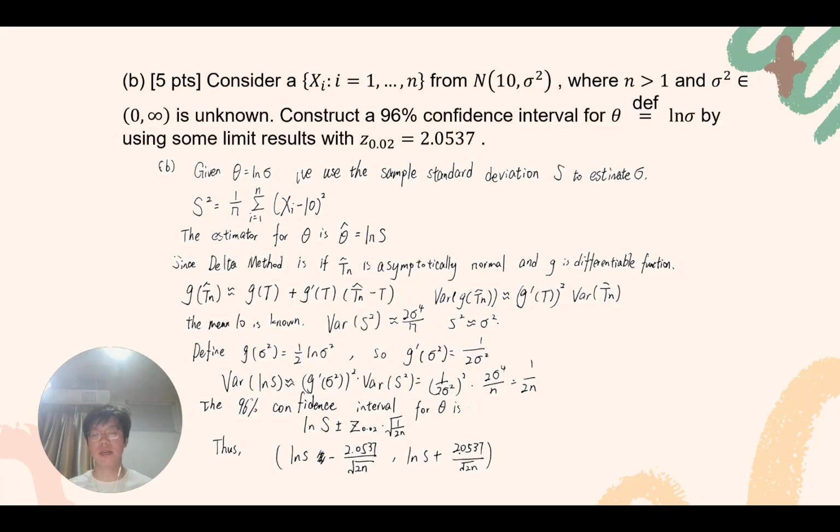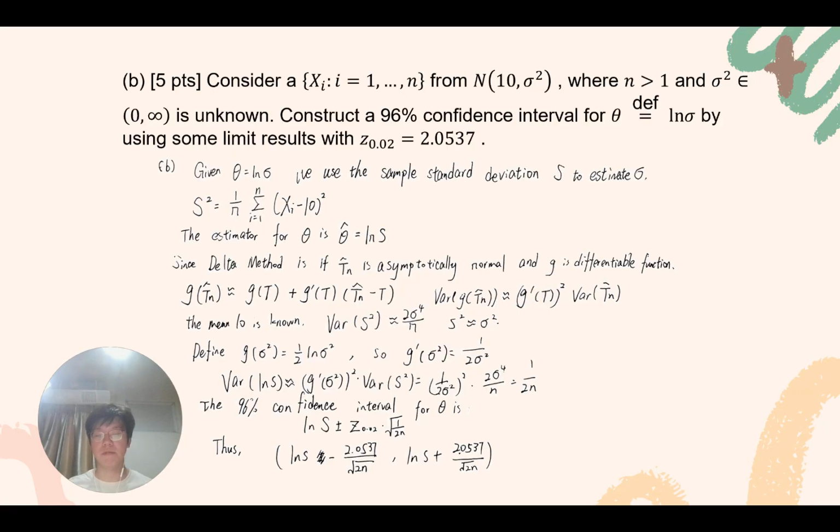Given that theta equals log sigma, we use the sample standard deviation S to estimate theta. So we get the chi-squared, and the estimator for theta is theta hat equals log S. We can use the delta method to get the function g and the variance of the function g.